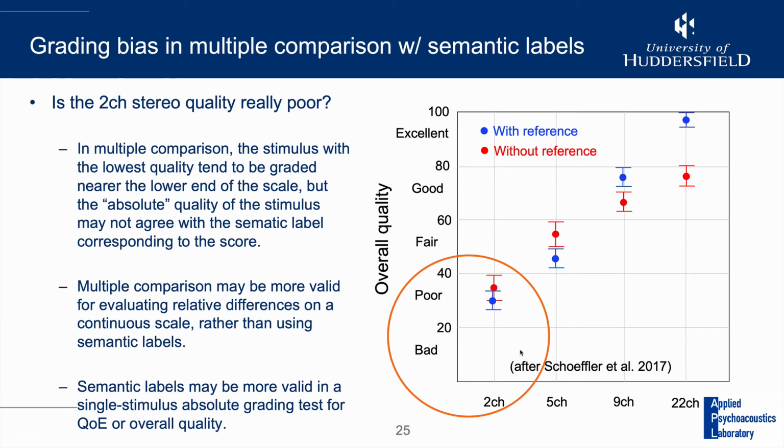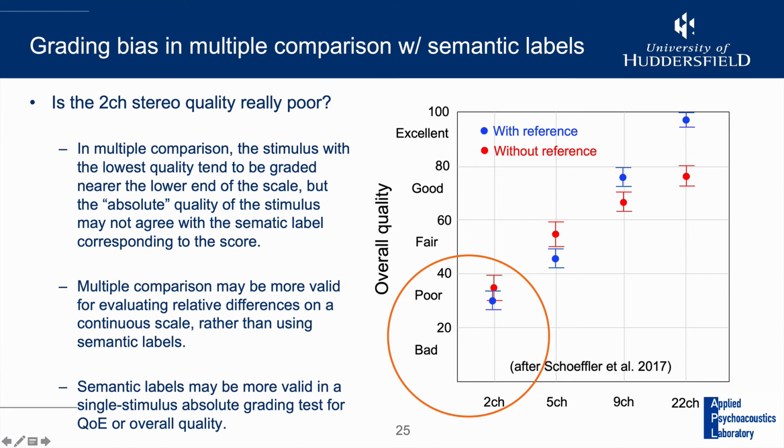But this result is maybe because 2-channel stereo was compared against 22-channel or 9-channel speaker format. But if the overall quality of two-channel stimulus was evaluated in an absolute sense, it may not be graded in that poor region because in real life we listen to two-channel stereo all the time and don't compare the experience against 9 channel or 22 channels.